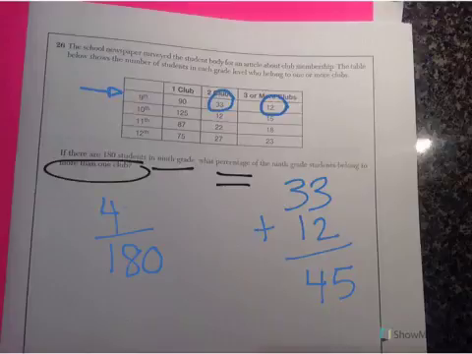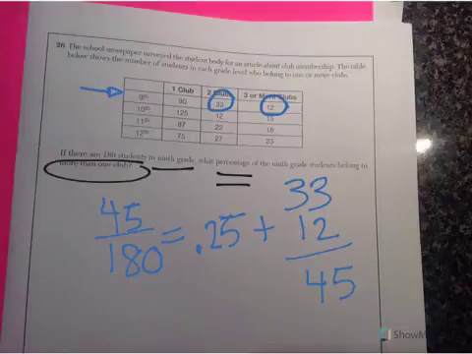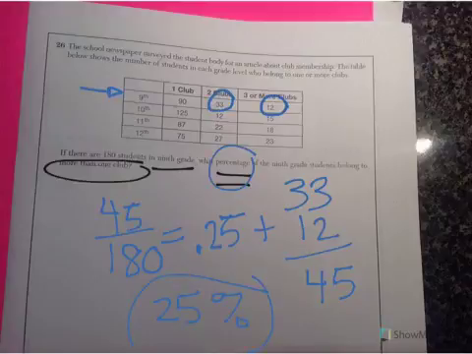So your fraction is going to be 45 over 180. And if you type this into your calculator, you'll end up with a decimal of 0.25. So as a percentage, your percentage would then be 25%. That is your answer. That is the number of ninth grade students who belong to more than one club.